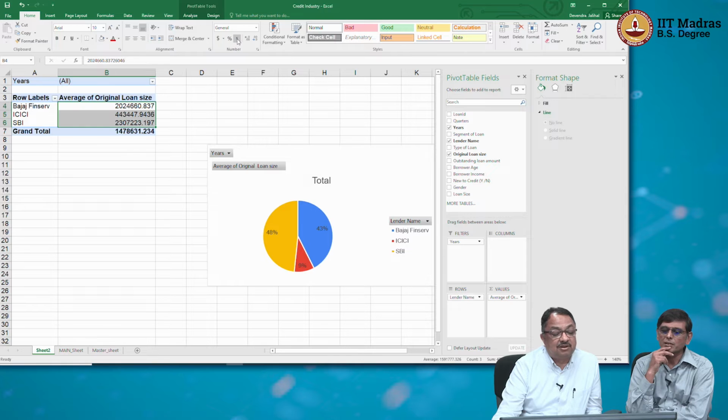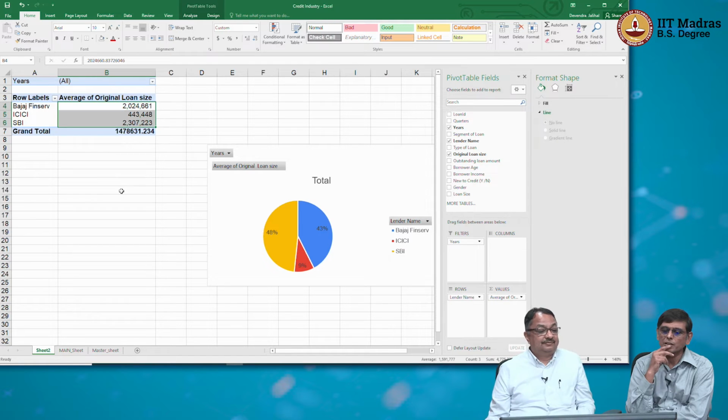I'll put a comma. So ICICI is giving small loans. Bajaj Finserv is giving 20 lakh on an average, and SBI is giving 23 lakhs on an average. Again, maybe skewed by one or two.